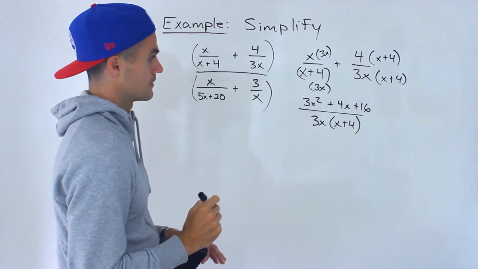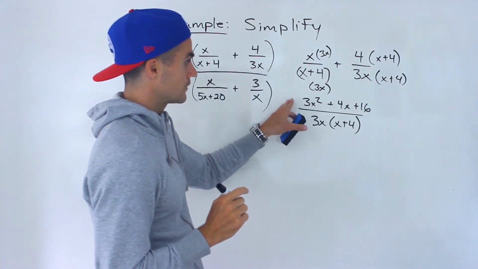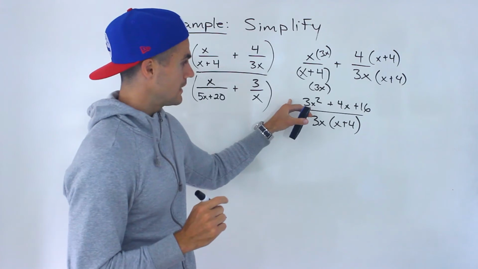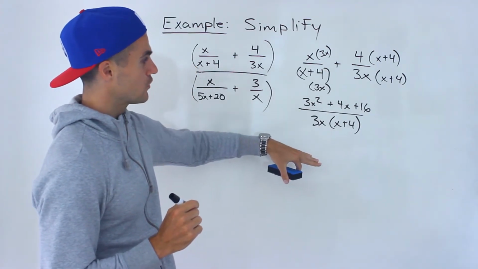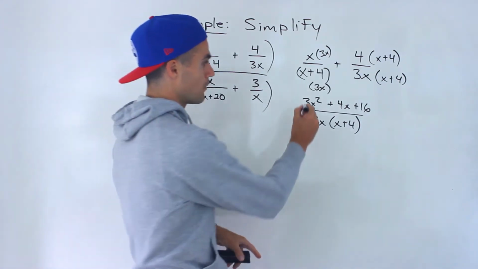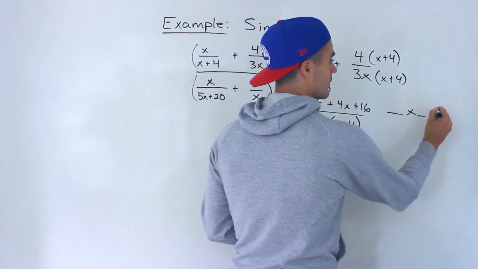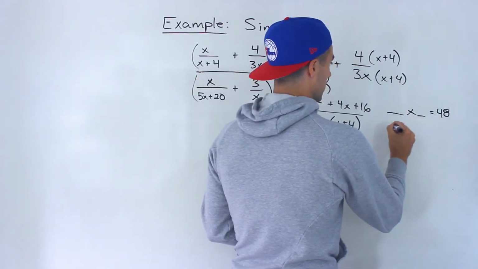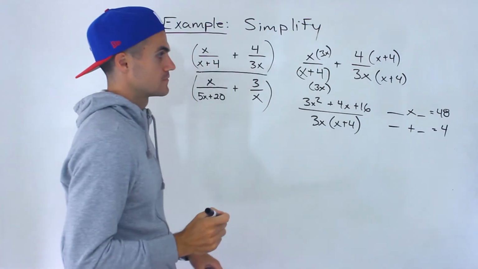Like that. And then from here, notice the denominator is factored. You want to factor the numerator as well, to see potentially if this can simplify further. But the numerator actually doesn't factor because there are no two numbers that multiply to 48 and add up to 4. 3 times 16 is 48.